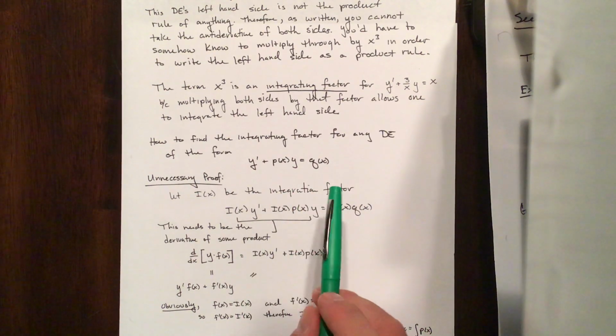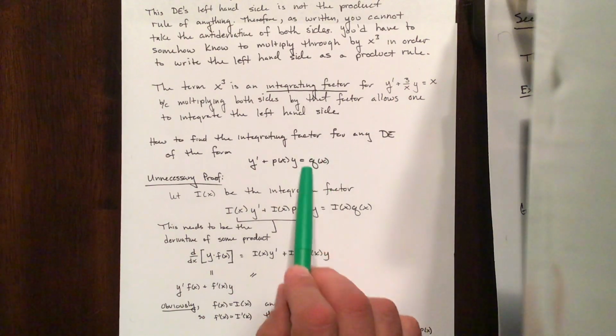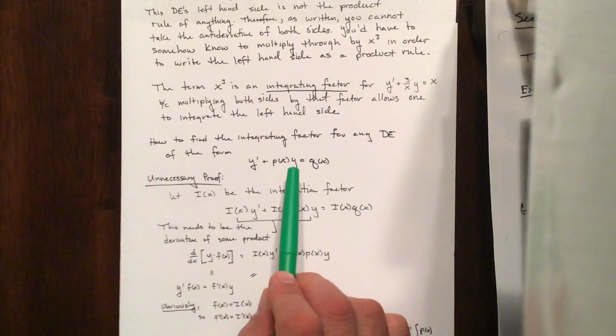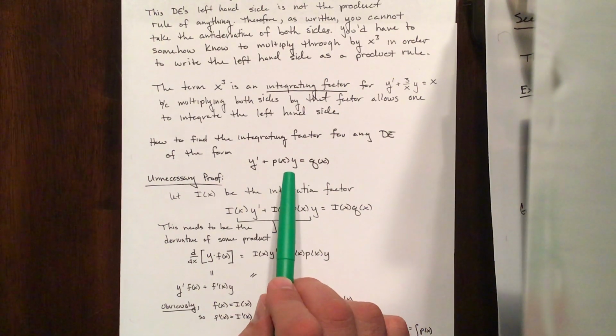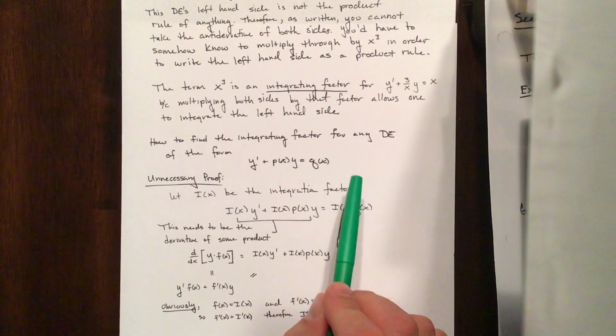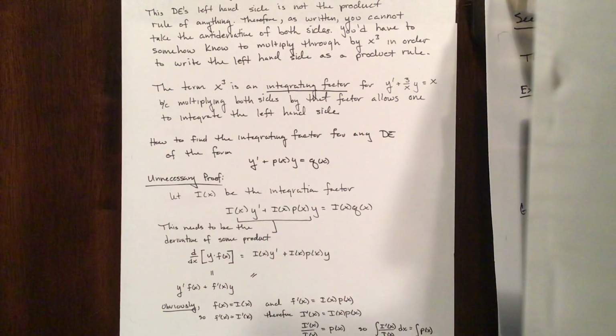Just to give you an advance warning, the q of x is irrelevant. It doesn't matter what this side is right now. The integrating factor we multiply by is independent of the right-hand side of the equation. It just, in the end, gets multiplied by it, but really the p of x is the thing that we want to pay special close attention to.